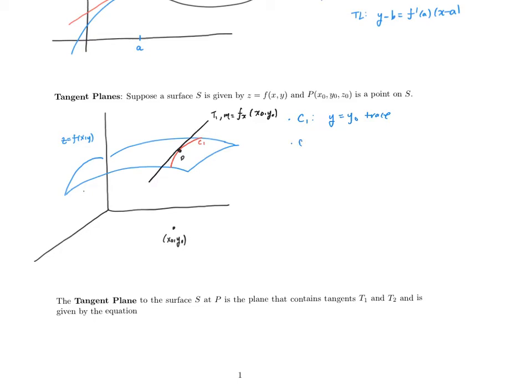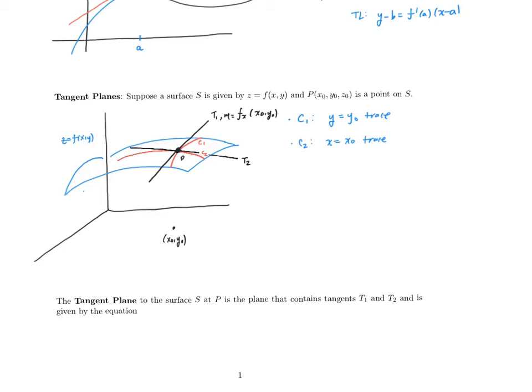Also recall from our previous section, we could let C2 be the x equals x naught trace. That is, we look at where the x equals x naught plane cuts through the surface. So there's some curve, let's think of it as C2, and recall that in that x equals x naught plane, at the point P, this curve C2 has a tangent.